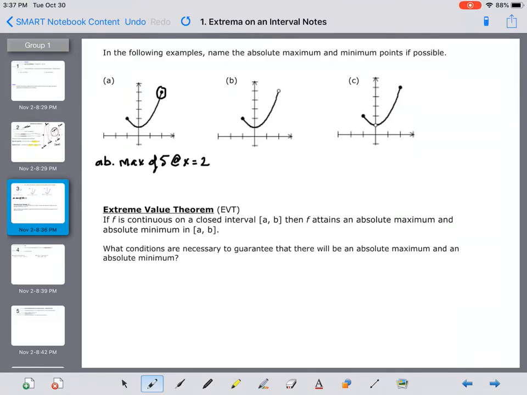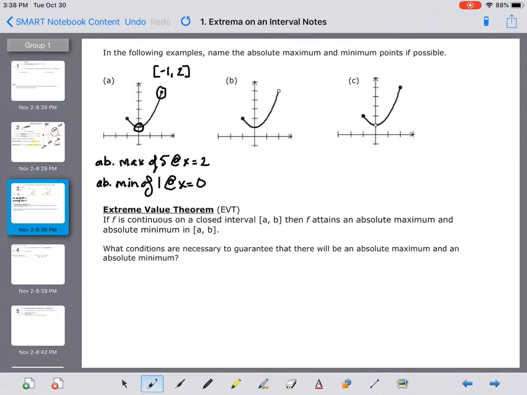We definitely have an absolute min, that point right there. So an absolute min of 1, our y value, at x equals 0. So definitely we have an absolute max and an absolute min, and this is a closed interval from -1 to 2, so it includes -1 and it includes 2.